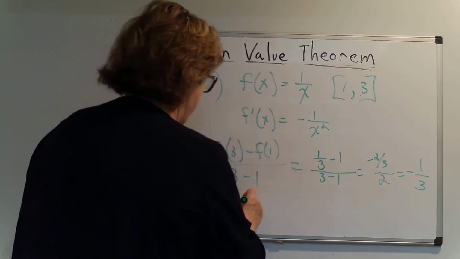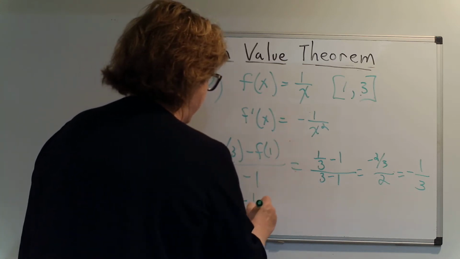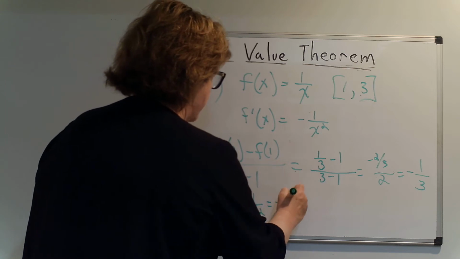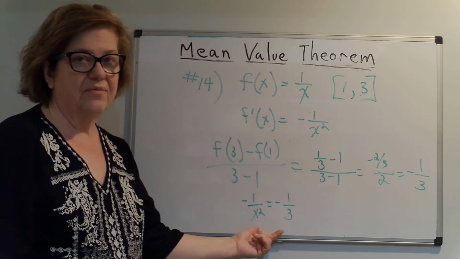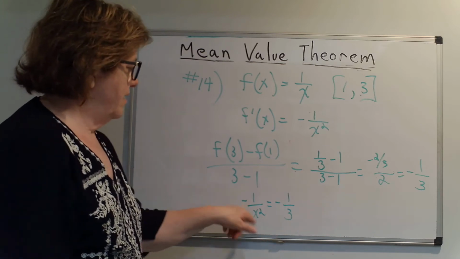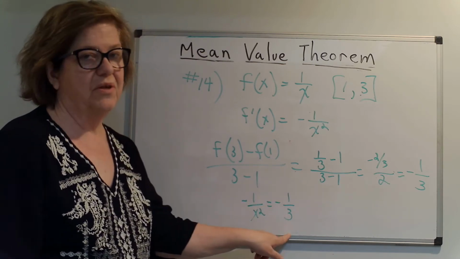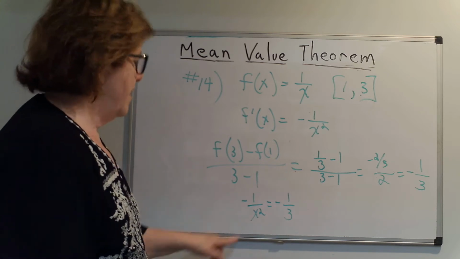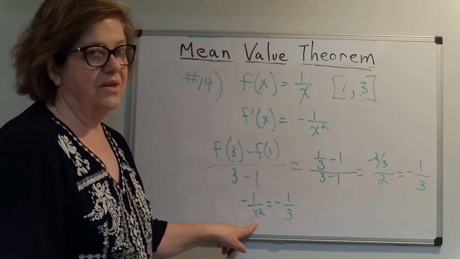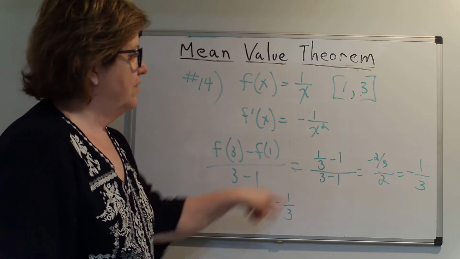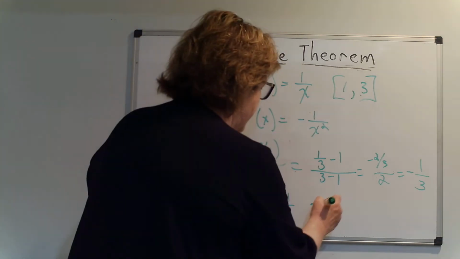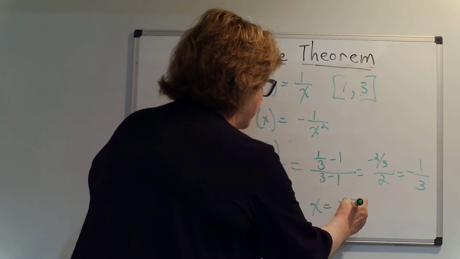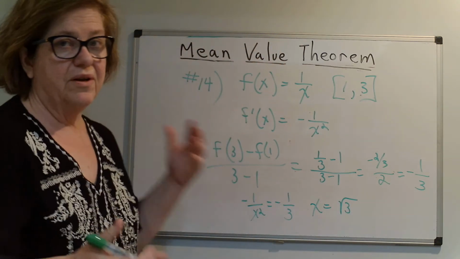So we take the derivative, negative 1 over x squared is equal to negative 1/3. We have to solve that for x. Well, it's obvious that x squared has to be 3. And we're not using negative square root of 3 because we want to be between 1 and 3. So it must be that x is the positive square root of 3, which is between 1 and 3.